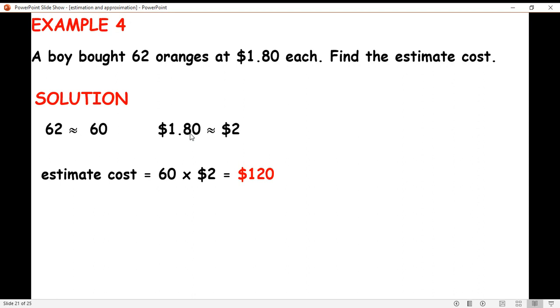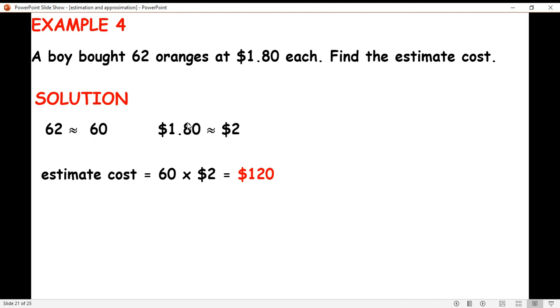Now look at this 1.80. You are going to round this to the nearest whole number. This one was to one significant figure, but this one will be to the nearest whole number. So this is the whole number here, 1. If you look at the digit immediately after the whole number, it is 8. This 8 is up to 5, so you round it up.